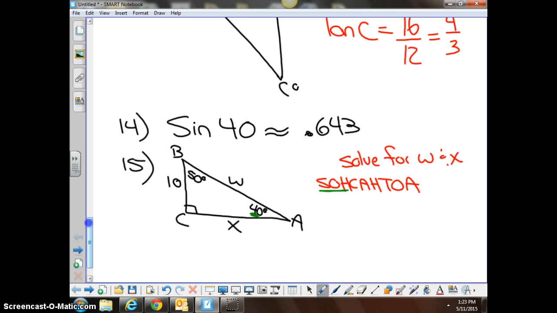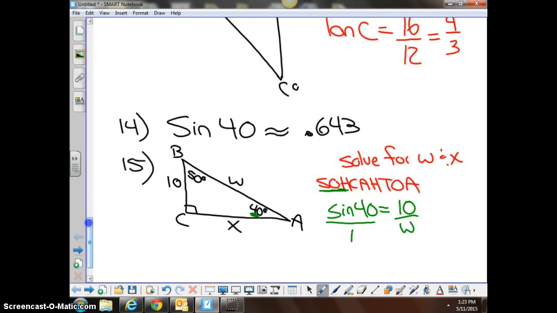W. Okay, so I know that the sine of 40 is equal to opposite, which is 10, over hypotenuse, which is W. Yes, no?